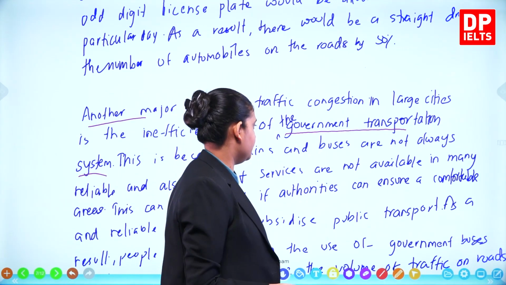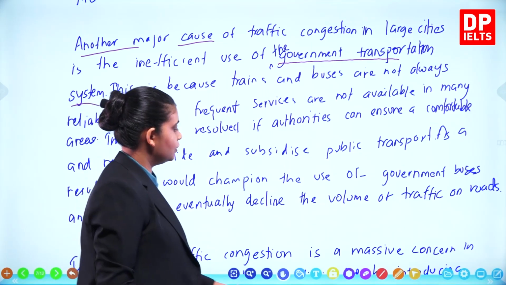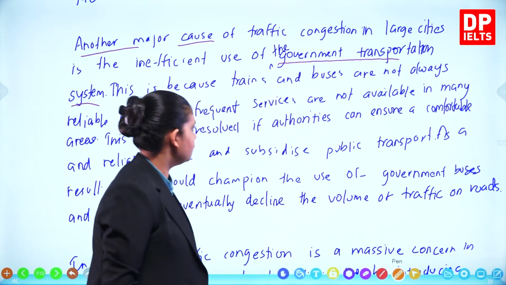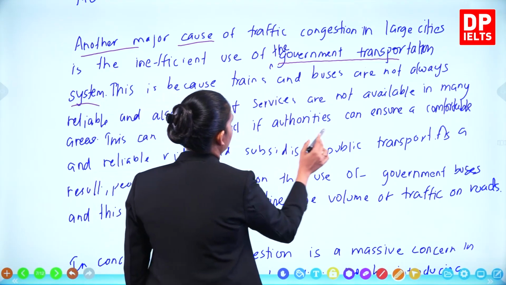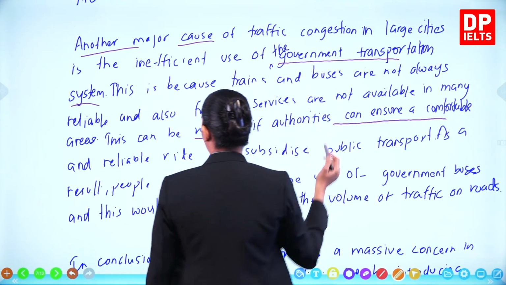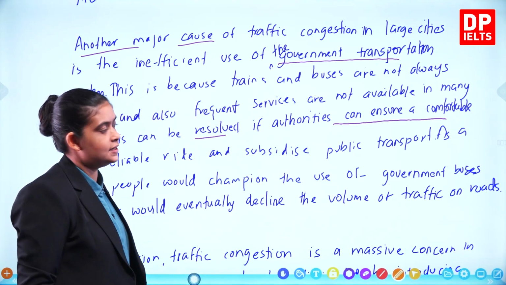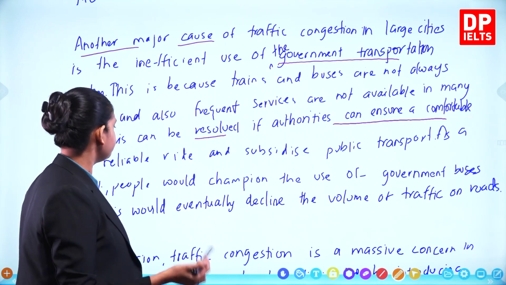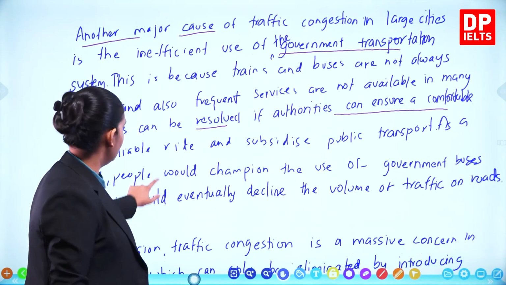And it's not always available as well in most parts, right? So this could be solved, right? If the authorities, so a solution is that the authorities need to ensure comfortable and reliable ride, okay, and subsidize the public transport. If so, that would be better, okay.